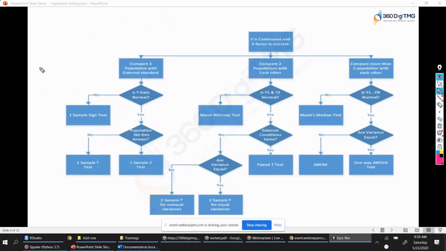Let me erase this and rewrite it. Non-normal or non-parametric test cases. When you have a single population, the non-parametric test case that we apply is called the one sample sign test. Yeah, that's the name.